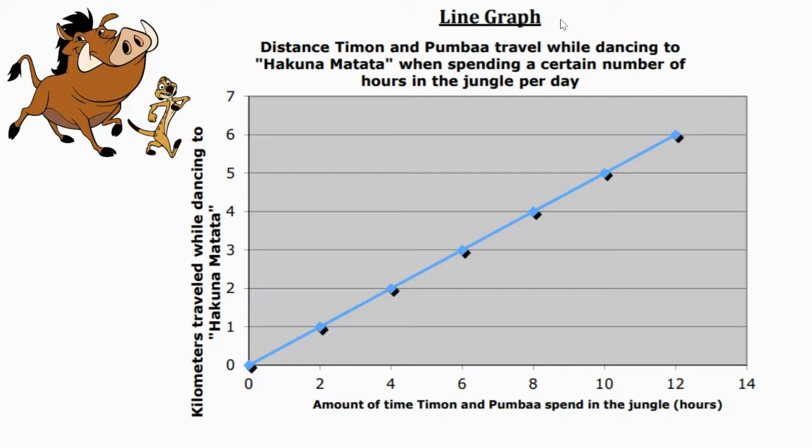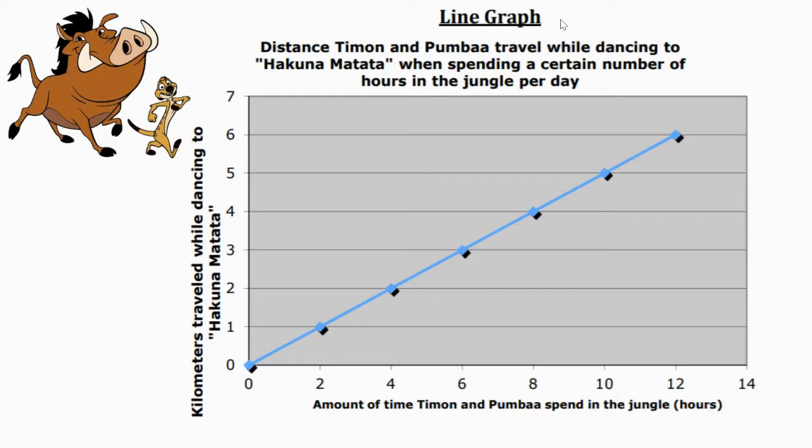The dependent variable along the y-axis is kilometers traveled while dancing to Hakuna Matata. So again, the units are noted, and that is the dependent variable because the distance that they travel depends on how much time goes by. With a line graph, your independent variable will very often be time, since a line graph is usually used to show change over time.